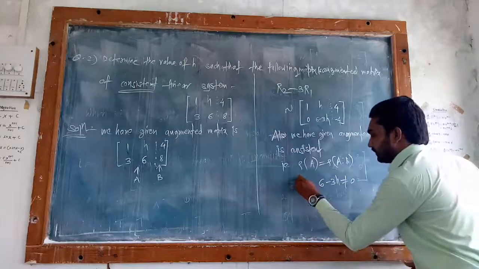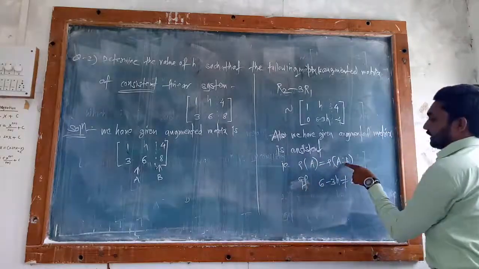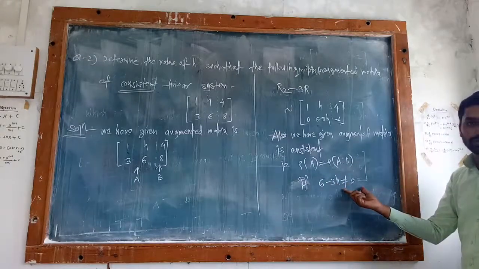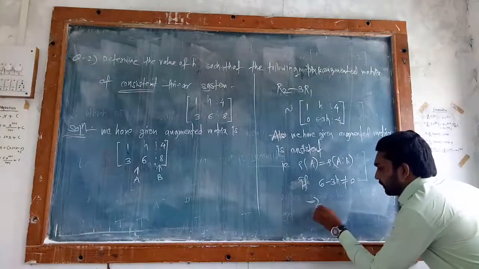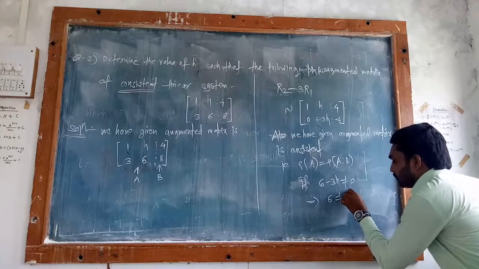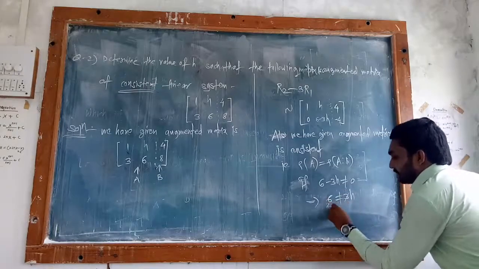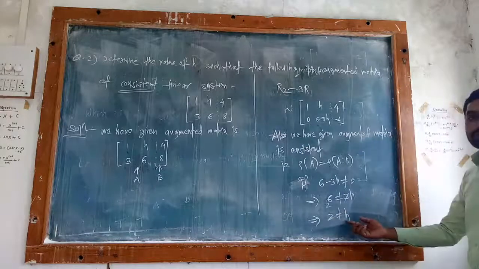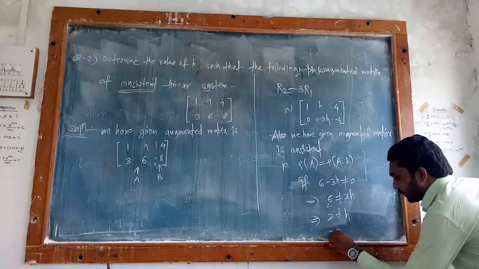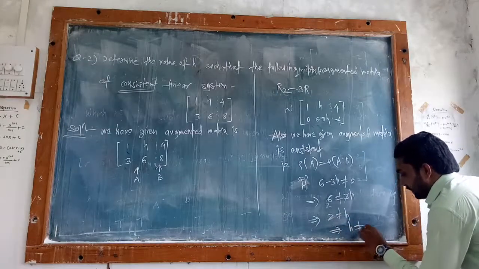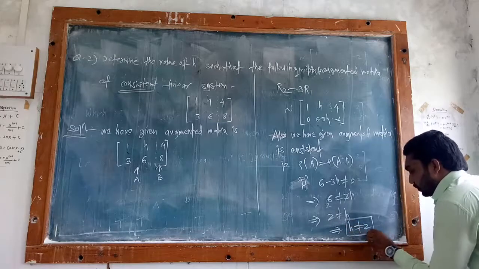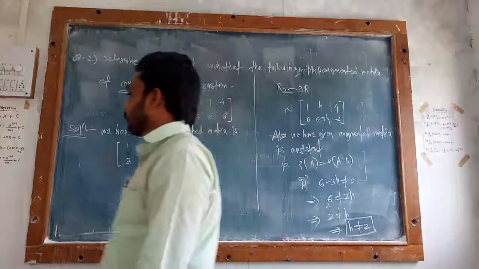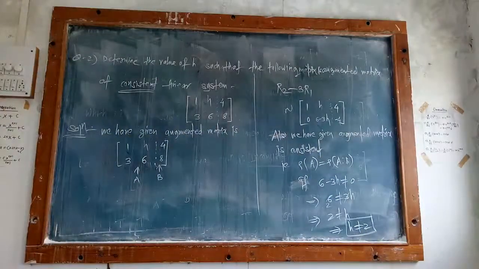So 6 is not equal to 3h, which means 2 is not equal to h. Therefore, all possible values of h other than 2 make the augmented matrix consistent.